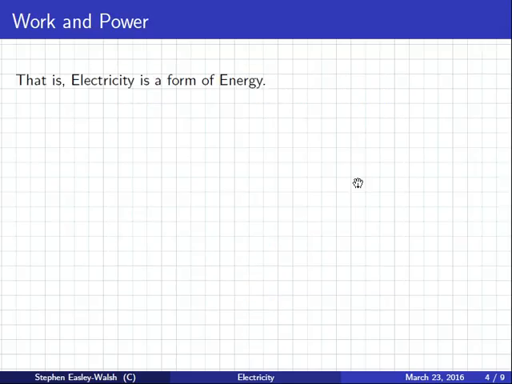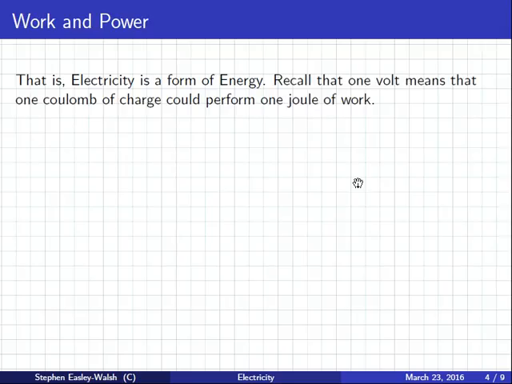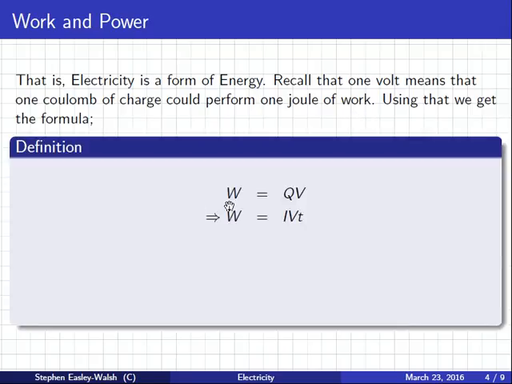Electricity is a form of energy, which you know. And remember what we said 1 volt means. 1 volt means 1 coulomb of charge can do 1 joule of work. So using that definition for volt, we can get this simple formula: the work done is equal to the charge multiplied by the volt.